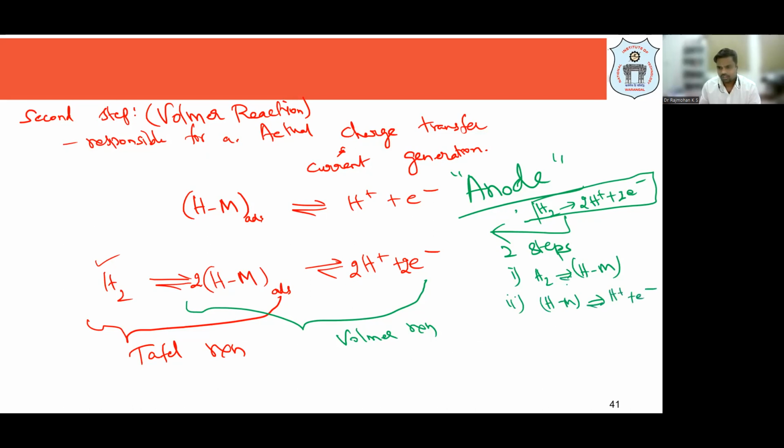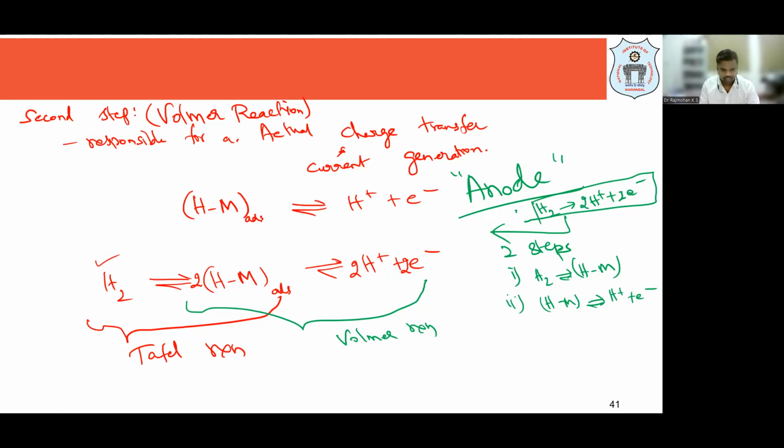Both are reversible reactions. So together we can write with the balanced H2 giving 2HM and 2HM giving 2H plus plus 2 electrons. So this is what is happening at the surface of the anode.